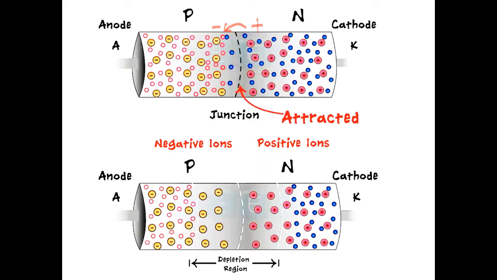This process will repeat, where more free electrons from the N-type semiconductor fill in the holes in the P-type semiconductor. So the positive and negative ions keep increasing. This is what we call the depletion layer.